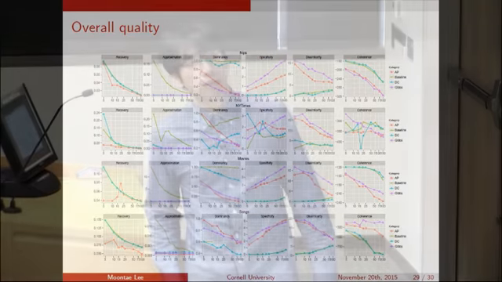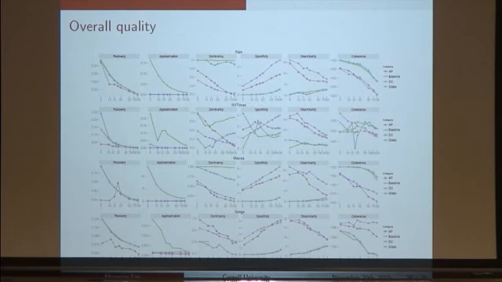This plot draws the overall quality in just one big image. So we are not only testing our method on document collections, which are NIPS and New York Times, we can also apply this model to movie and song data.